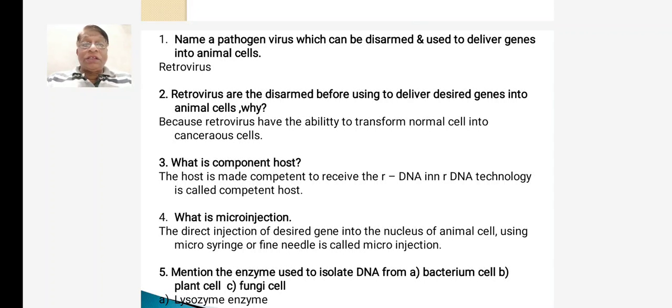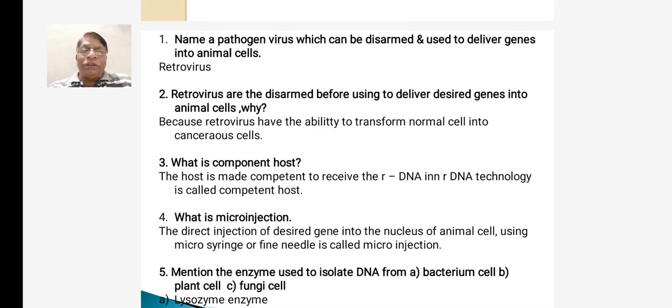Retrovirus are disarmed before using to deliver desired genes into animal cells. Why? What is the reason why we should disarm?